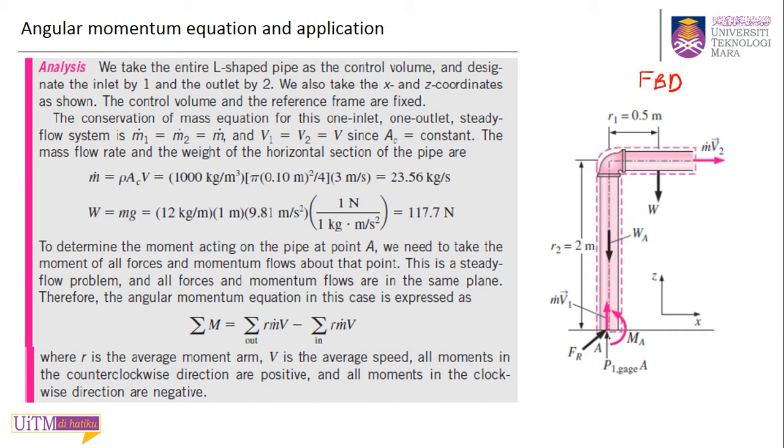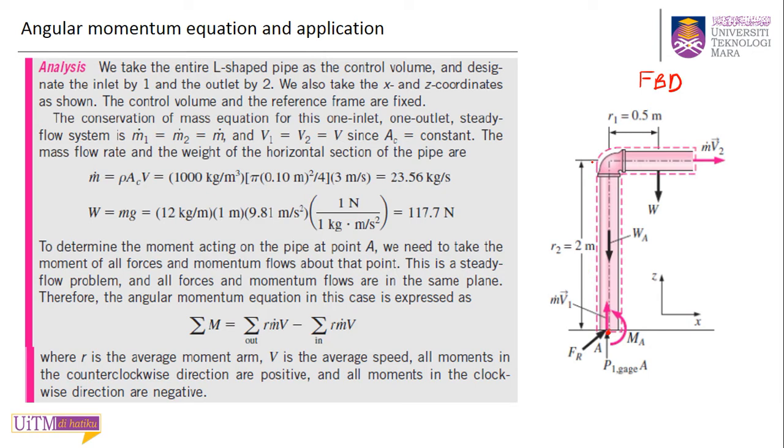And this is your P1 A1 coming in from the bottom. And you have your moment at this point A. And you have your W going down, and they gave you the W. And you have m dot V2 coming up, and you have another W for this pipe as well, the vertical pipe, W downward.